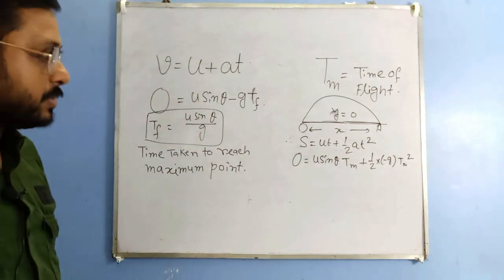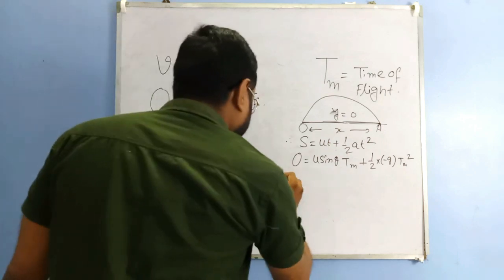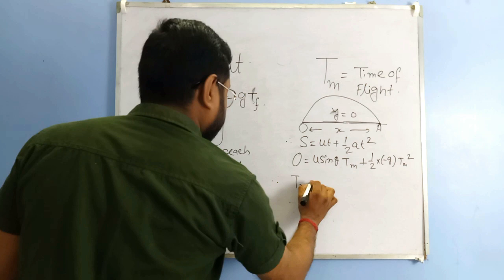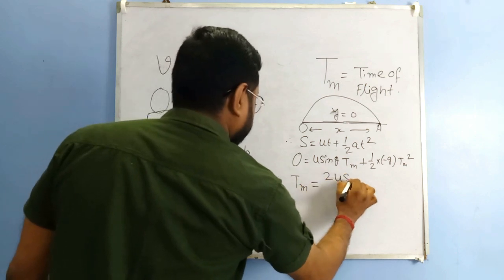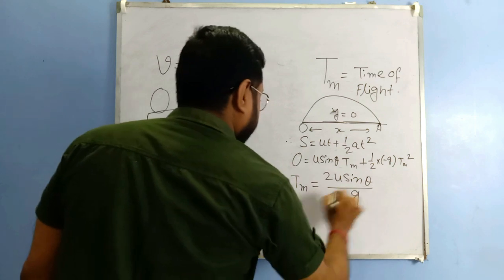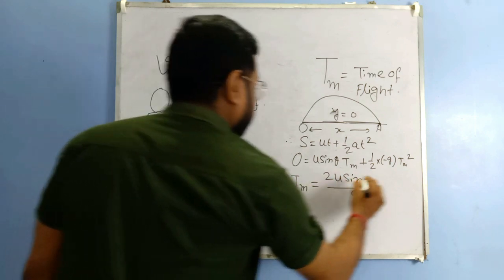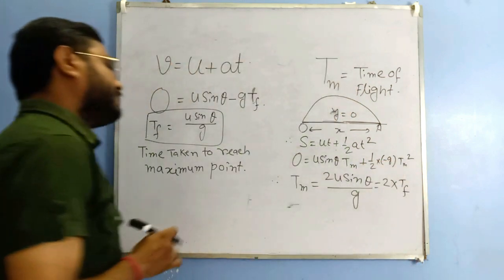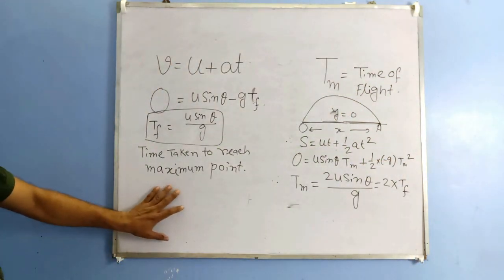I hope you have no confusion. Therefore we get the value of Tm equal to twice u sin theta divided by g, which is simply 2 into the time at which it reaches the maximum point.